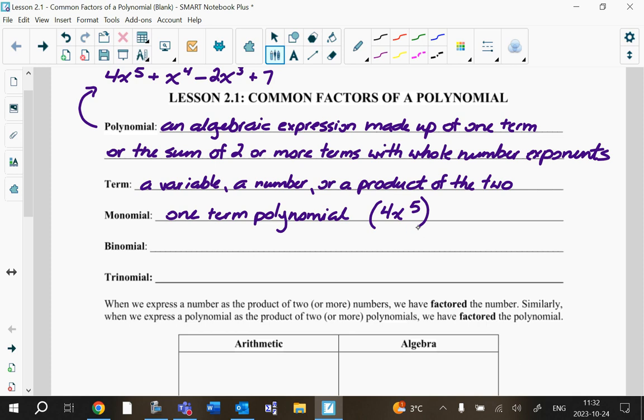Binomial? Yeah. Two-term, and I'll just put little quote marks for ditto. It means the same as above. So it would be like 4x to the 5th, and then let's add something else, x to the 4th.